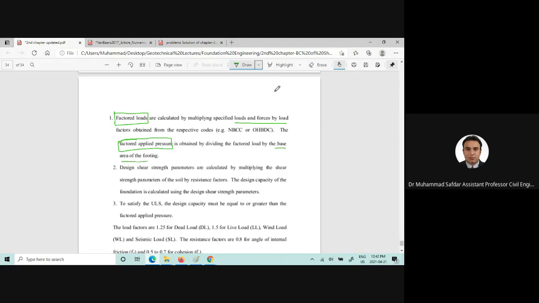So a load, we will apply some factors, for example 1.25 with the dead load, 1.5 with the live load, and then we will come up with the loading here. So it would be factored load, I would call that.